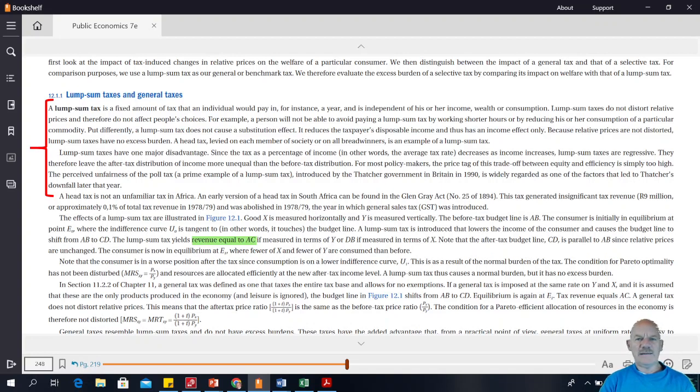Everybody who owned a house had to pay a certain tax, not depending on the size of the house, and that led to her downfall. You should certainly Google Thatcher's poll tax and read about it, and what it was, why it didn't work, and so on. Very interesting.